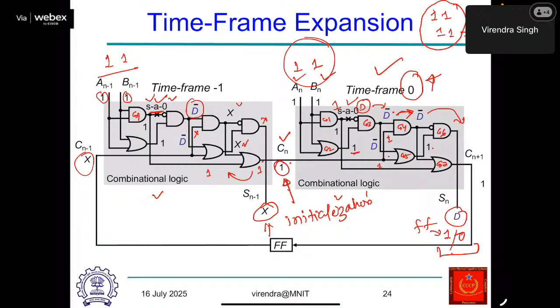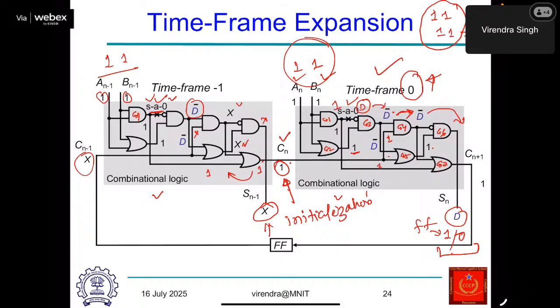And here my assumption is that in time frame 0, my fault effect can be propagated to the primary output. In this case, luckily it is propagated to the primary output, but in any general random state machine, you never know. It may not propagate at all to the primary output. It will go to the flip flop.